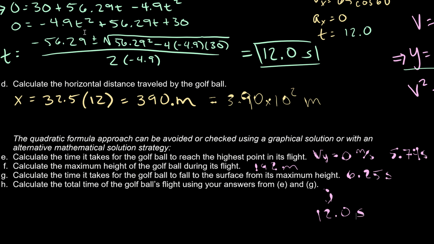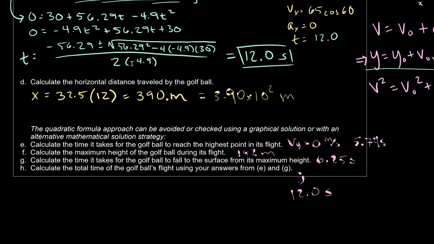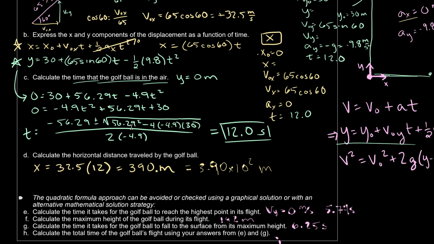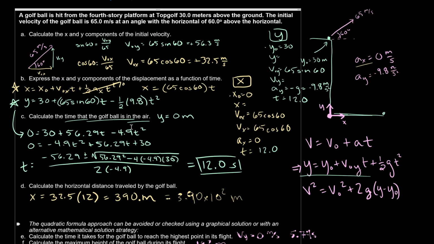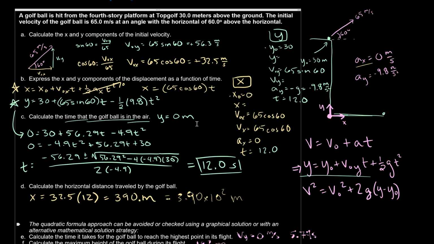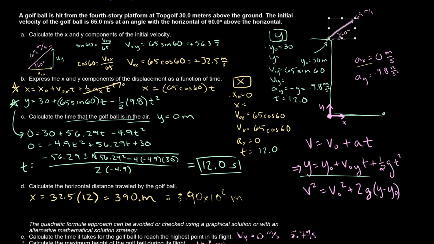Okay, hopefully this was helpful. This is a good problem to summarize or challenge you to understand projectile motion. We have an object leaving a surface and hitting a surface at a different height, so hitting a surface 30 meters below where it initially was projected.